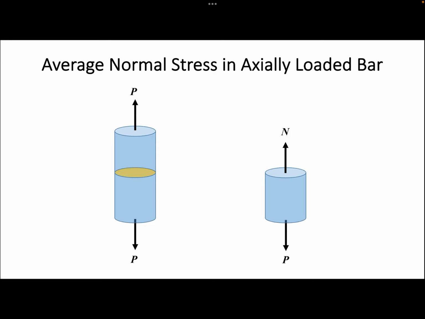As you can see, for an axially loaded bar, such resultant internal loadings contain only the normal force component N, which is equal to the external force P. Now, suppose the normal force N is distributed evenly over the section area. We can easily find the average normal stress using this equation.